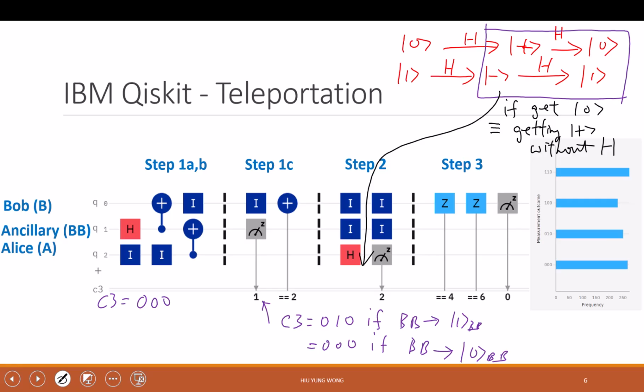Our goal is to measure in the plus minus basis without this Hadamard gate, but I cannot. So I apply the Hadamard gate, and now I only need to measure in the 0, 1 basis. If I get 0, it means it was plus before the Hadamard gate. If I get 1, it means it was minus.